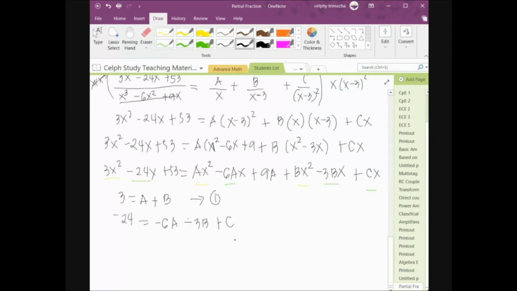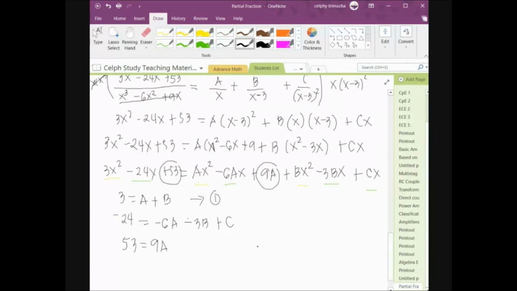And then, para sa aton nga constant nga value, we have constant 53 kag 9a. Wala na tayo iban nga constant. So we have 53 is equal to 9a.